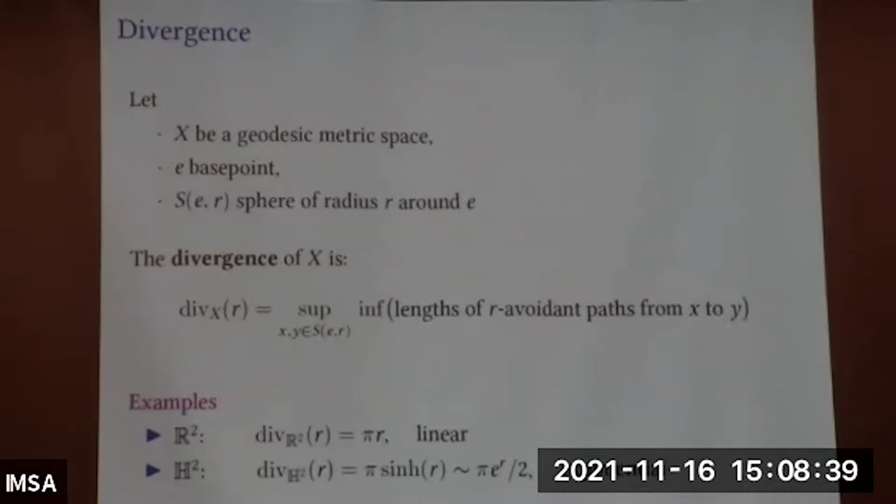So is this kind of analogous to the growth of groups, between linear and exponential? Growth of groups, right? Yes, that's an interesting analogy. And I know that both growth and divergence are quasi-isometry invariants of groups. But I think this is maybe different. But then you have this kind of sub-exponential growth, right?